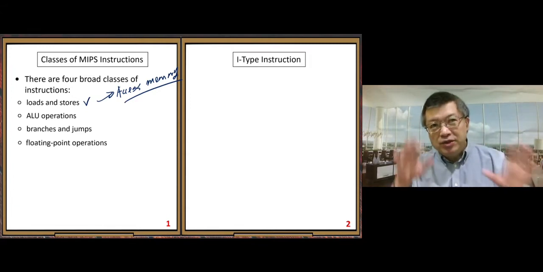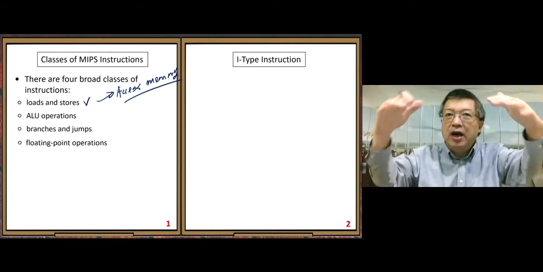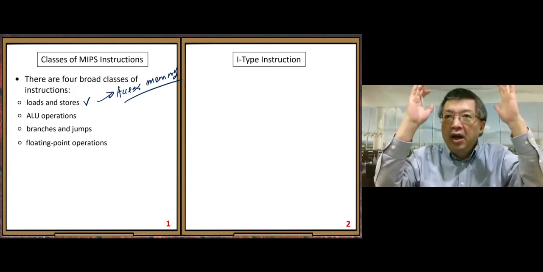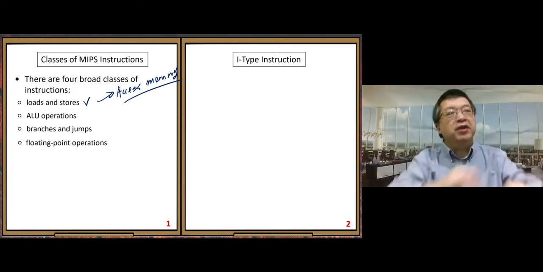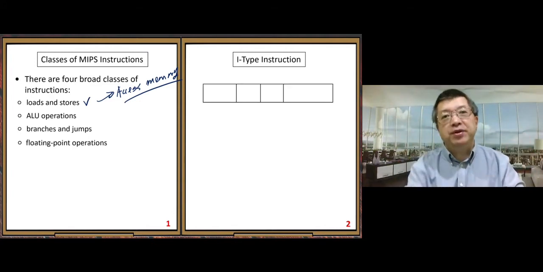So next, we look at the types. We use a different way to do the categories. I-type: the I refers to the immediate field. So let's look at what the immediate field is.